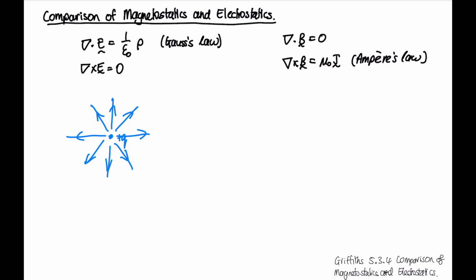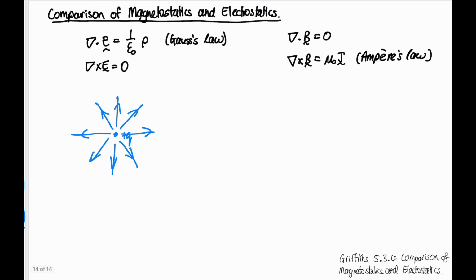On the other hand, for magnetostatics, we've got that the divergence is 0 and that the curl is equal to mu naught J, where J is the volume current density. And this is known as Ampere's law. And again, just thinking back to the geometry, if we've got a current coming out of the screen, then we know that the magnetic field lines curl around that current like that.